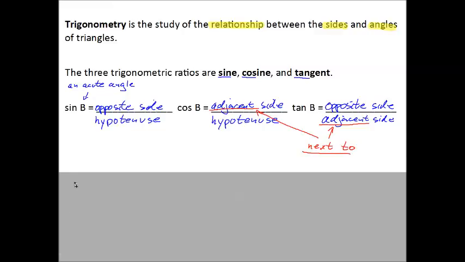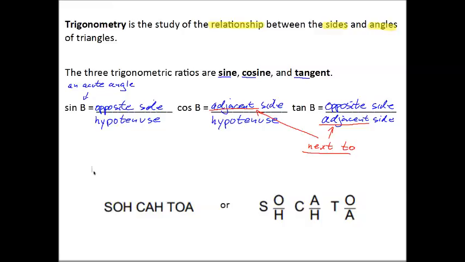There's a great mnemonic or memory trick that you can use to remember all these ratios way better, and it's called SOH CAH TOA. SOH CAH TOA stands for the sine is the ratio of the opposite side over the hypotenuse.